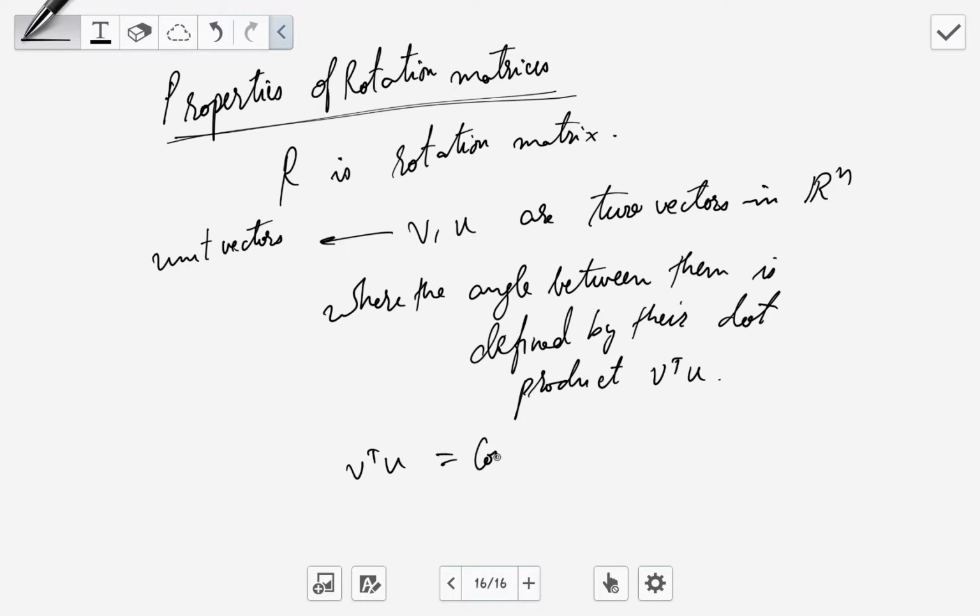This will be cos theta, in n-dimensional space, where theta is an angle in n-dimensional space, right?